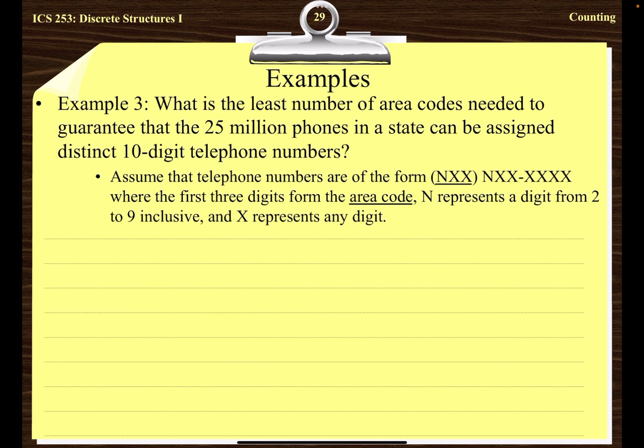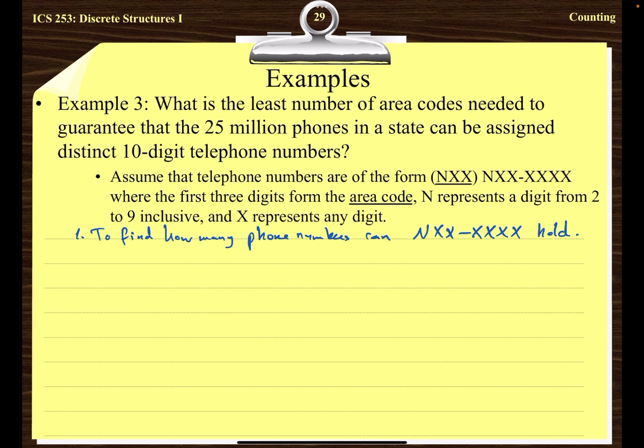So the first thing that we will do is to find how many phone numbers the 7 digits, NXX XXXX, can hold. Now let's go a little bit into the details of this NXX.